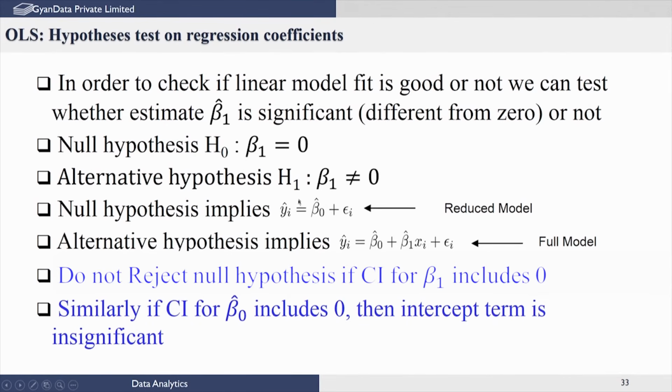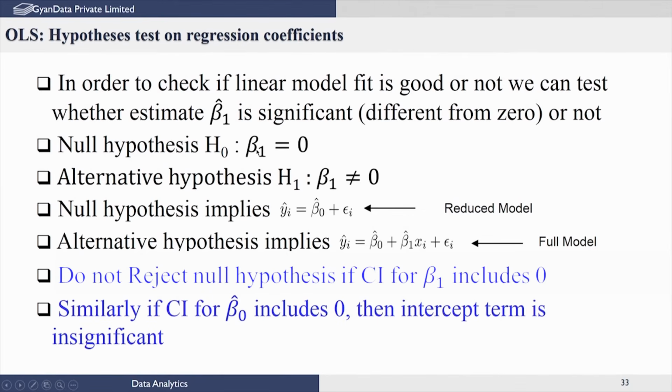The null hypothesis represents the fit of a reduced model which involves only a constant, whereas the alternative hypothesis implies that we believe there is a linear model that relates y to x. So, between these two models we want to pick whether the reduced model is acceptable, or maybe the full model is to be accepted and the reduced model rejected.